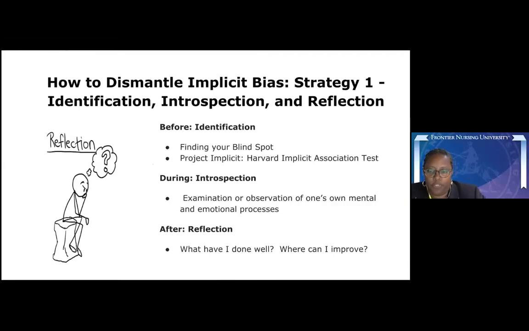So the first strategy that we're going to talk about today in order to dismantle implicit bias is identification. When we look at identifying our personal biases, we're going to do that through introspection and reflection. Now, as we have talked, some of you may have said, whoa, hold on, wait a minute. I have seen implicit bias in my coworkers, but that is just not how I operate.